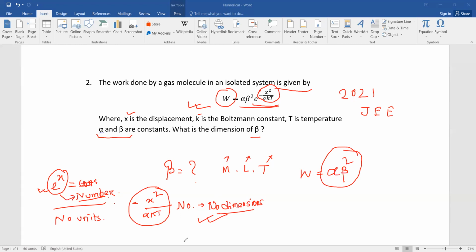We need to calculate the dimensions of this quantity. Work done's dimension we know, and we are required to calculate the dimension of beta. In order to do that, we have to first determine the dimension of alpha.